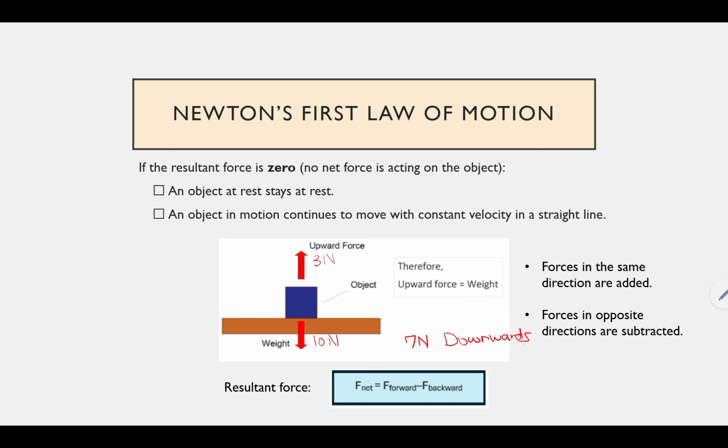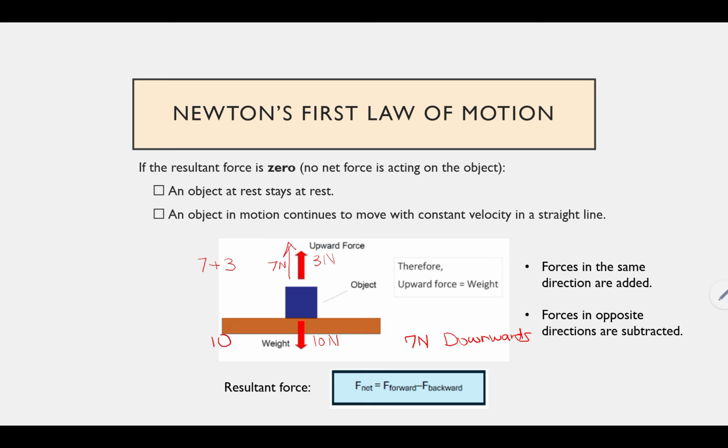Okay? What if I have another force helping this guy of, let's say, 7 Newtons? And I ask you now about the resultant force. You're going to say, oh, I have 7 Newton and 3 Newton, both of them pointing up. So that's 7 plus 3. We said in the same direction, we add. 10 Newtons pointing down, so that's 10 down there. So I have 10 up, 10 down.